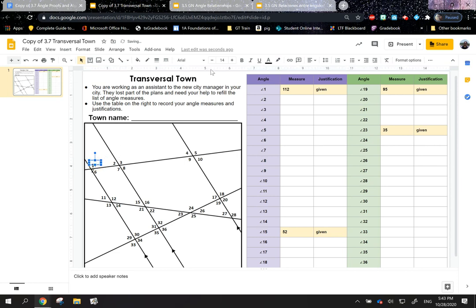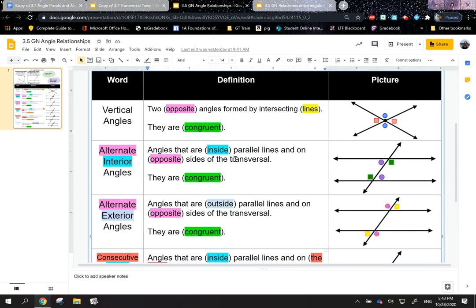And I can make that small so that it fits in there. And since I know that angle is 112, I can use that to start off and find all the other angles using my angle relationships.